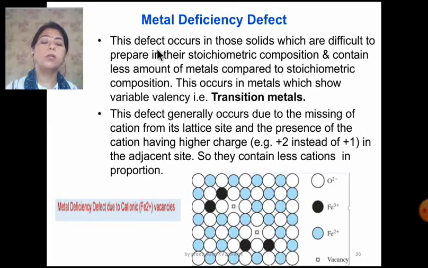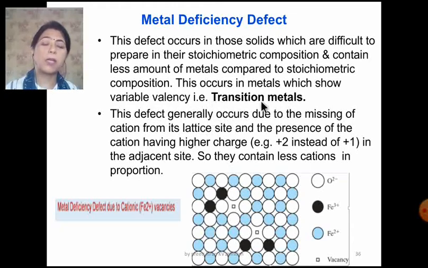Now the metal deficiency defect. This defect occurs in those solids which are difficult to prepare in their stoichiometric composition, and they contain less amount of the metals compared to the stoichiometric composition. This occurs in the metals which show variable valency, that is the transition metals.